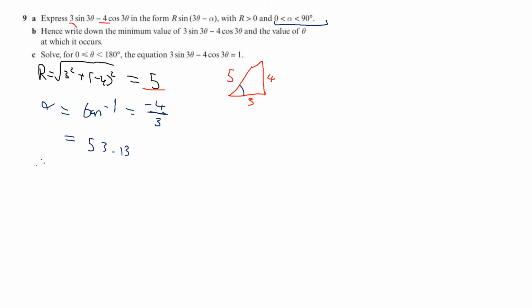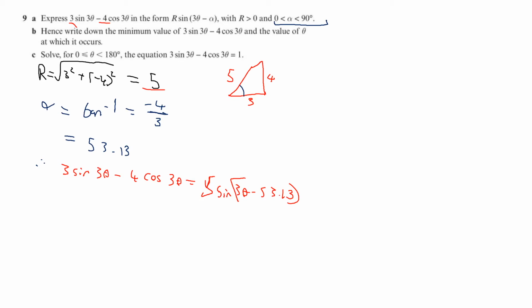So therefore, what are we left with? 3 sine 3 theta minus 4 cos 3 theta is equal to 5 sine (3 theta minus 53.13). Okay? All right.